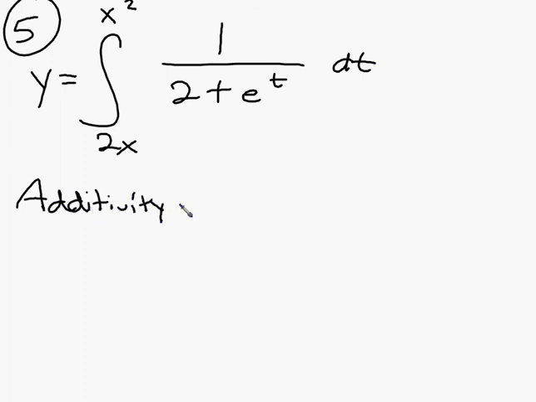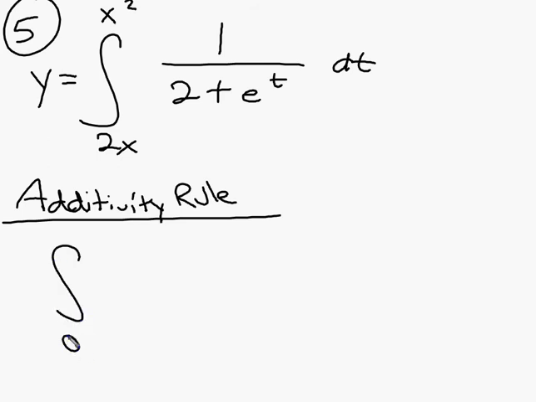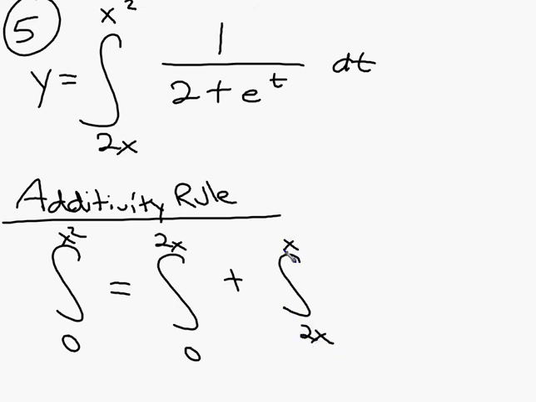The one that I covered the other day when we were doing our rules of integrals. The additivity rule says that the integral from 0 to x squared is the same thing as the integral from 0 to 2x plus the integral from 2x to x squared.